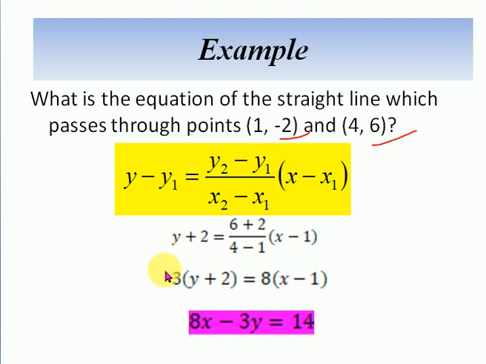So its 2-point form is y minus y1, and y1 is minus 2, so it becomes y plus 2 equals (6 plus 2) upon (4 minus 1) times (x minus 1). And finally, if we solve this form, we get the equation of the straight line 8x minus 3y equals 14.